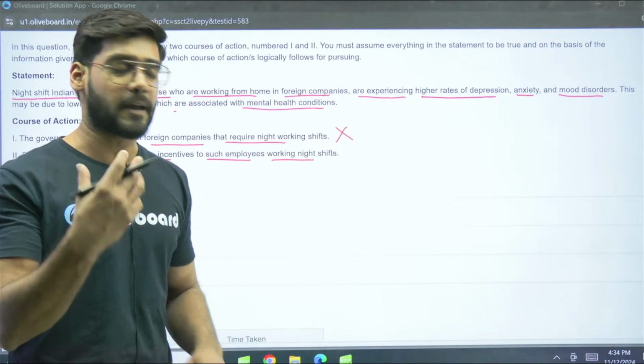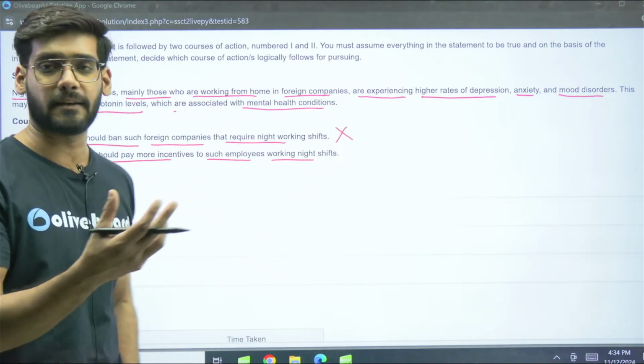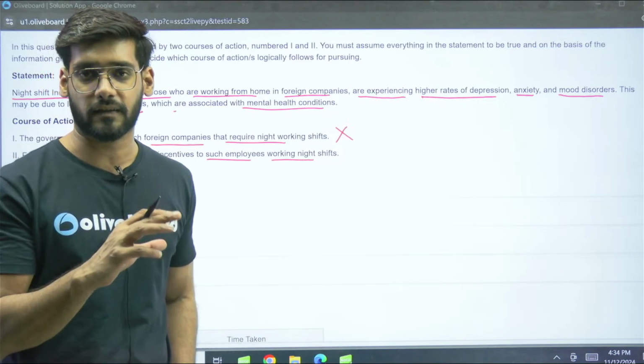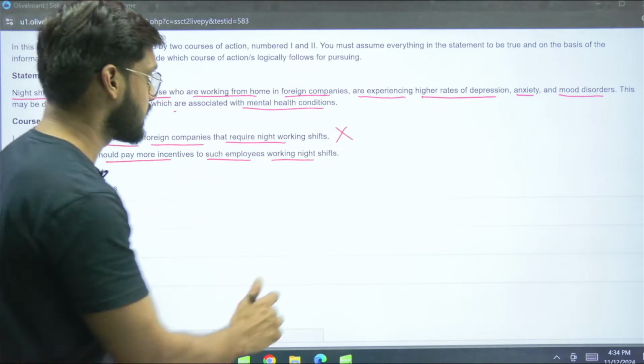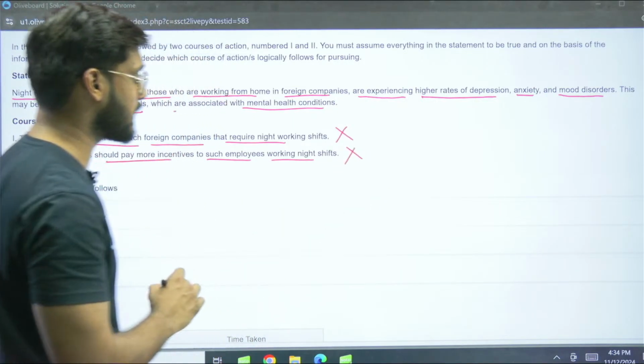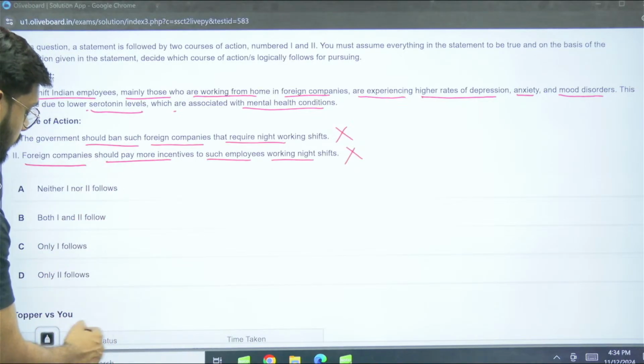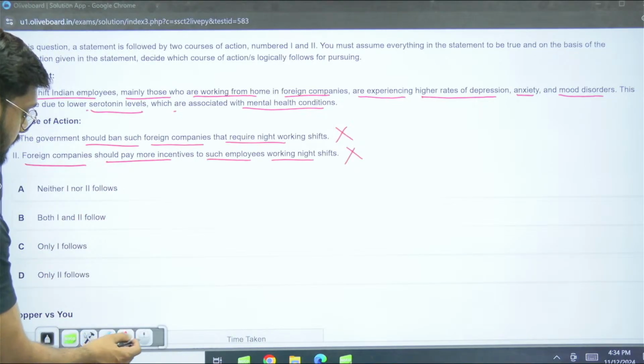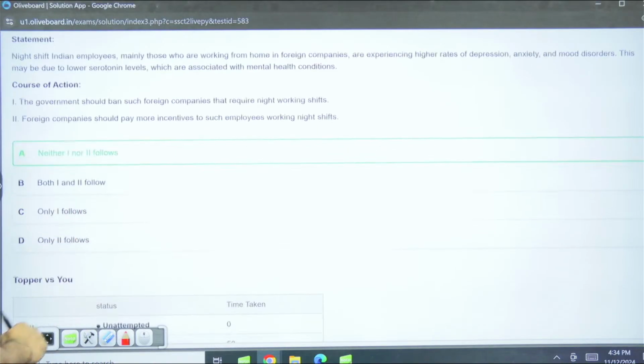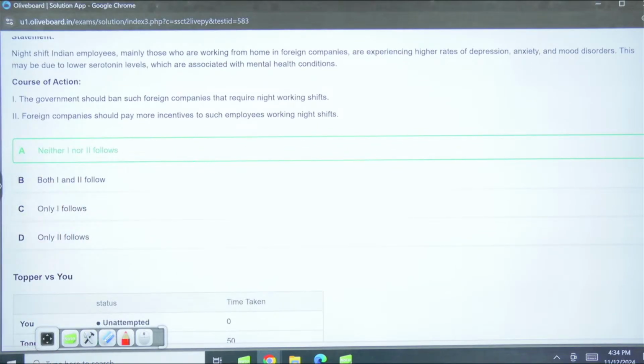So instead of paying incentives, they should come with some other solutions. This is not the right course of action. According to me, neither one nor two should be followed. Let's mark option A. Neither 1 nor 2 is the right answer, option number A.